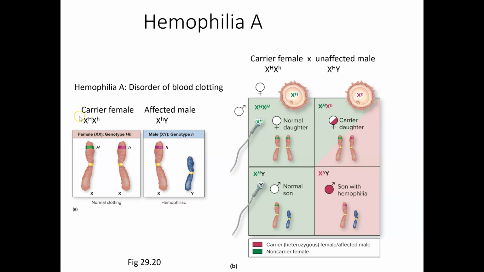But if it's a female that carries the same X chromosome with the recessive disease-causing allele, its expression is going to be masked by a normal clotting allele on the other X chromosome. So the phenotype of this female is going to be normal clotting, but she is called a carrier because she carries that allele and is going to pass it on.